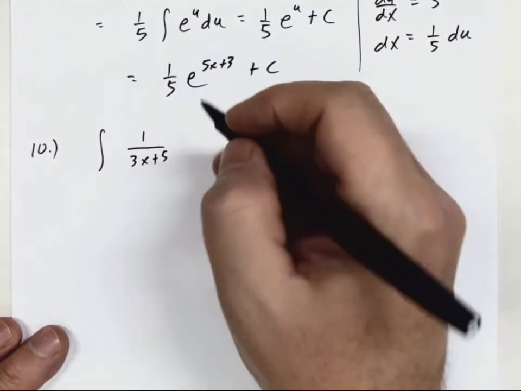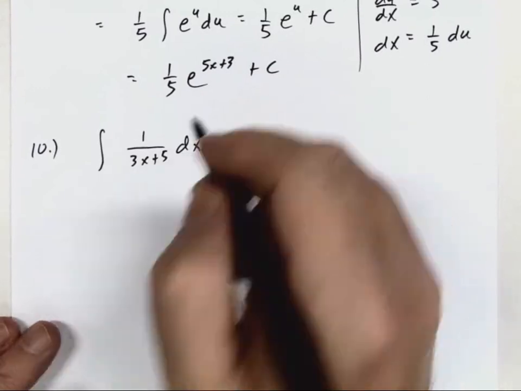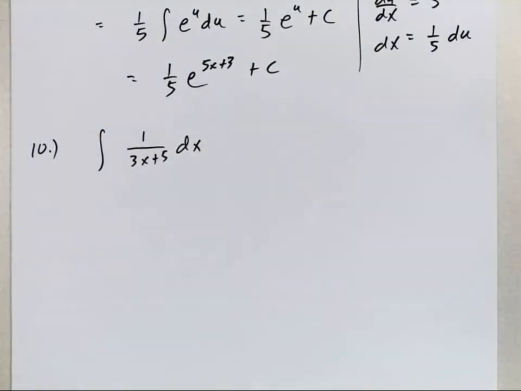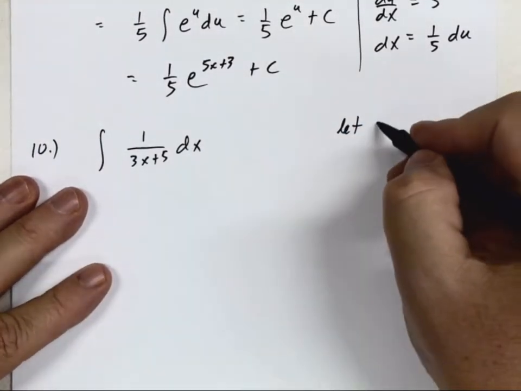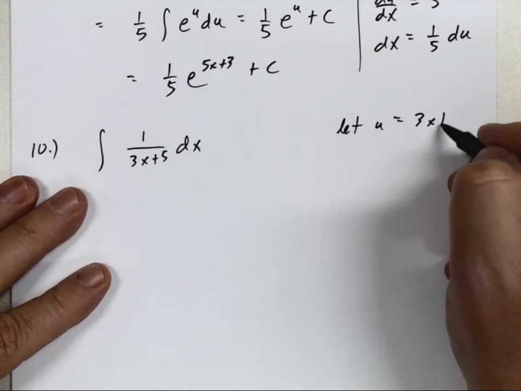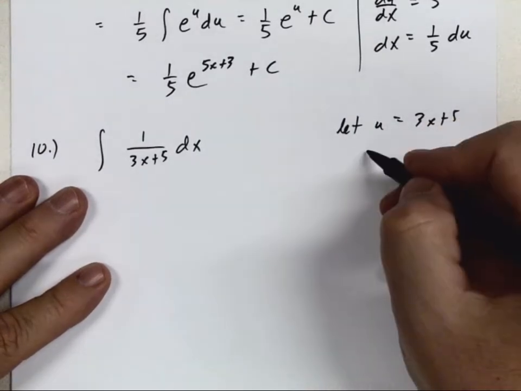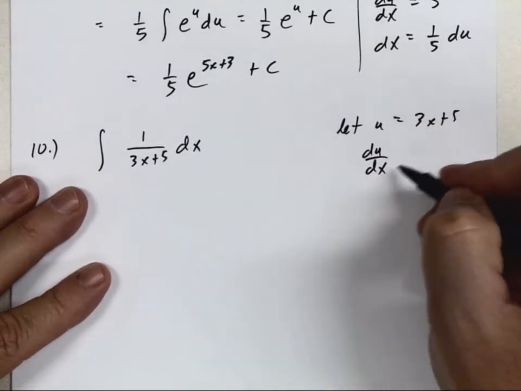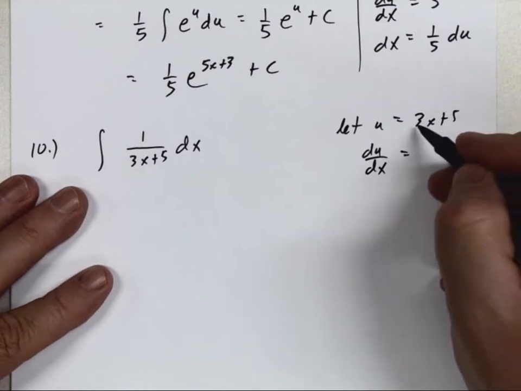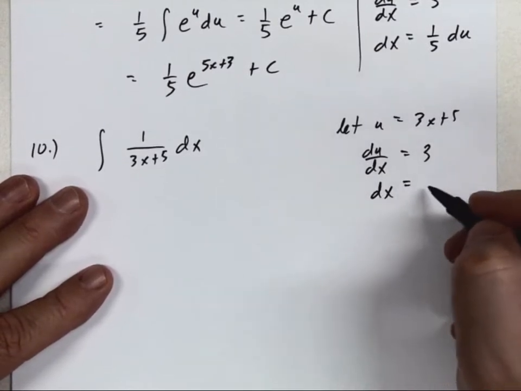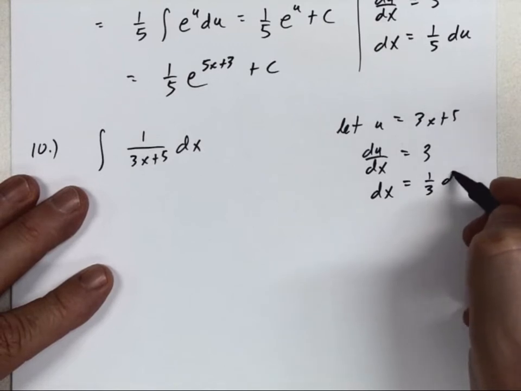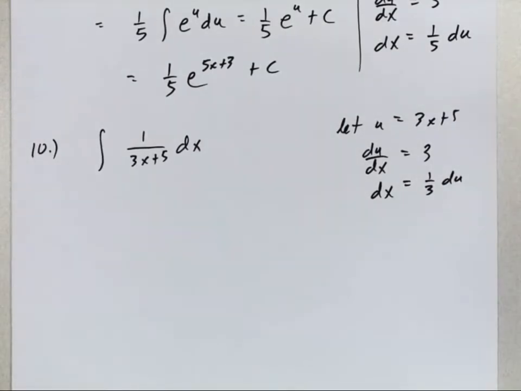Number 10, 1 over 3x plus 5 dx. Let's do substitution. Let u equal 3x plus 5. Now we take the u dx, it's just 3, and solve this thing for dx. 1/3 du.